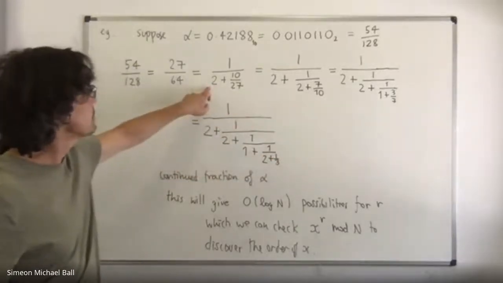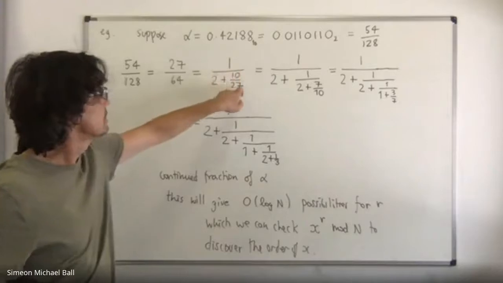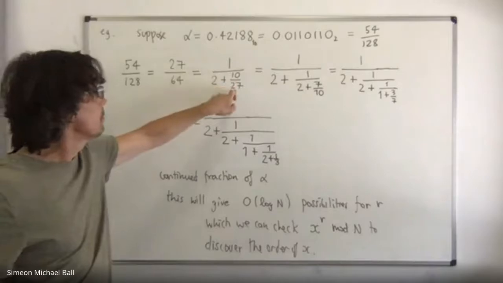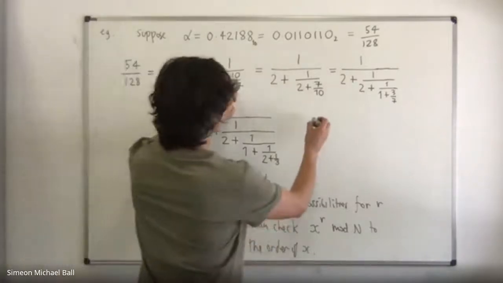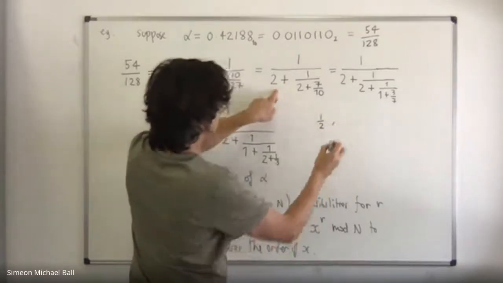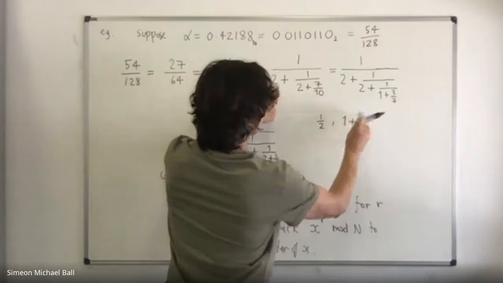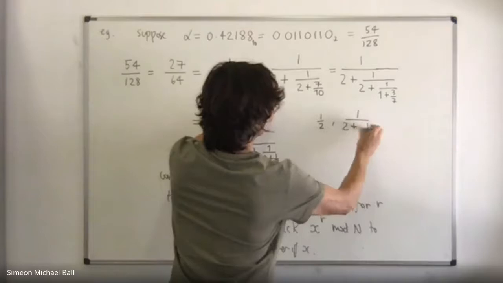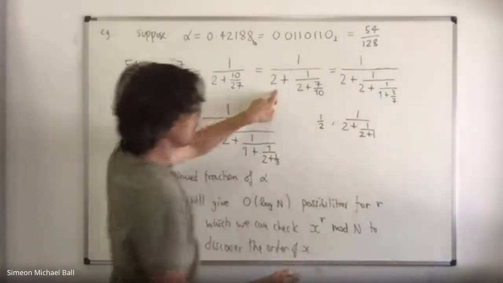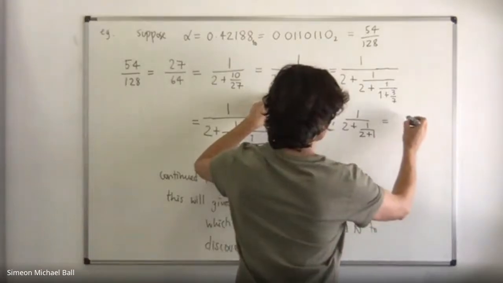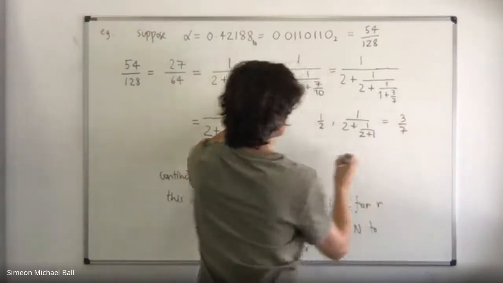And now you can get the approximation. So you take these fractions and you approximate them to 0 or 1, depending on if they're big or small. So our continued fractions are 1/2. Here I get 1 divided by 2 plus 1 divided by 2 plus 1, that's 3 thirds.